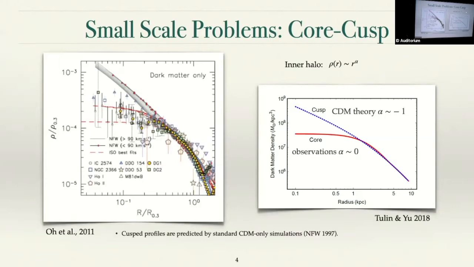These cusp profiles are predicted by the standard CDM-only simulations, so not including baryons. However, cored dark matter profiles are what we seem to observe in nature in these dwarf galaxies.